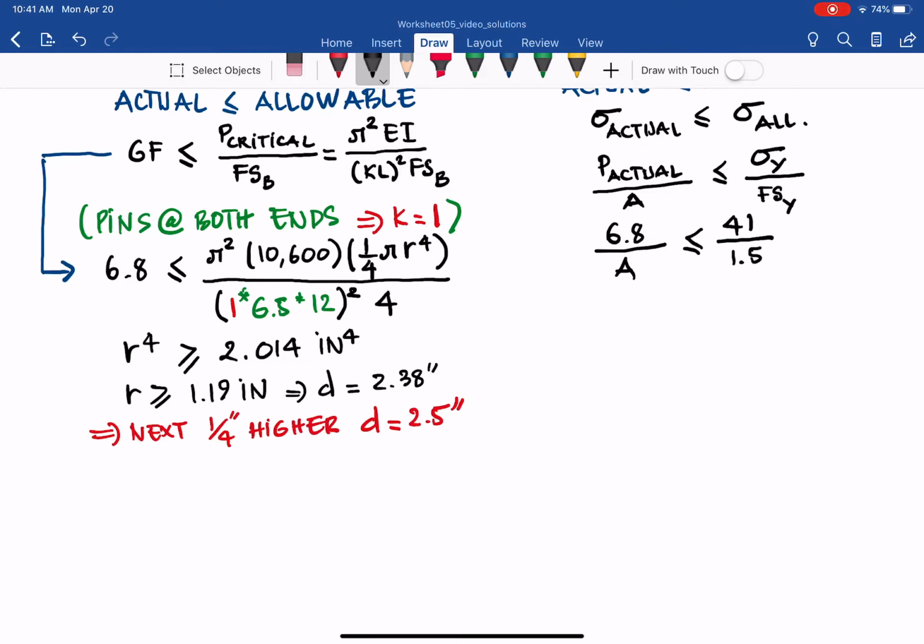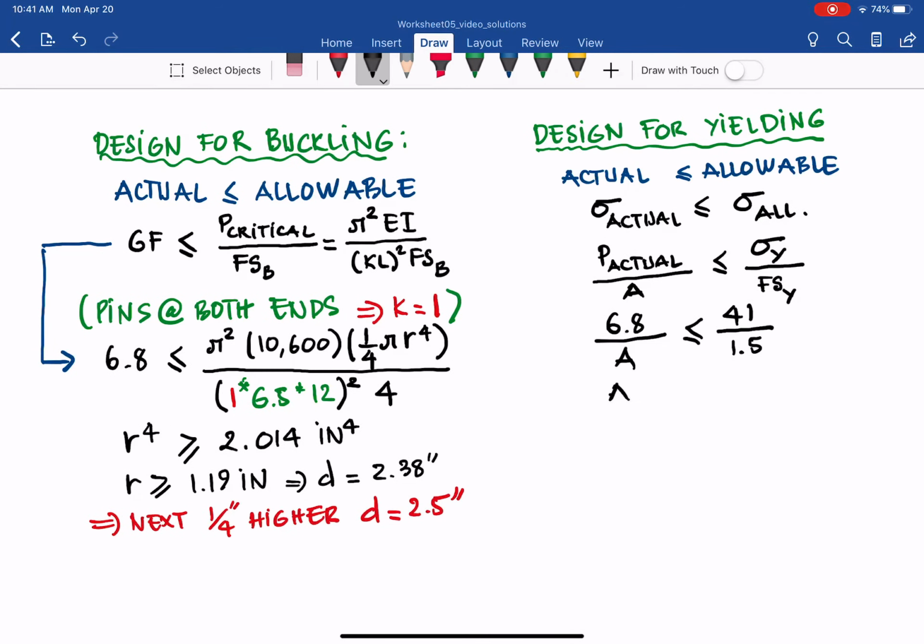They give us 1.5. From that, we get the area has to be greater than or equal to 0.249 inch squared. And as you can see, the equation for area is pi d squared over 4, greater than 0.249.